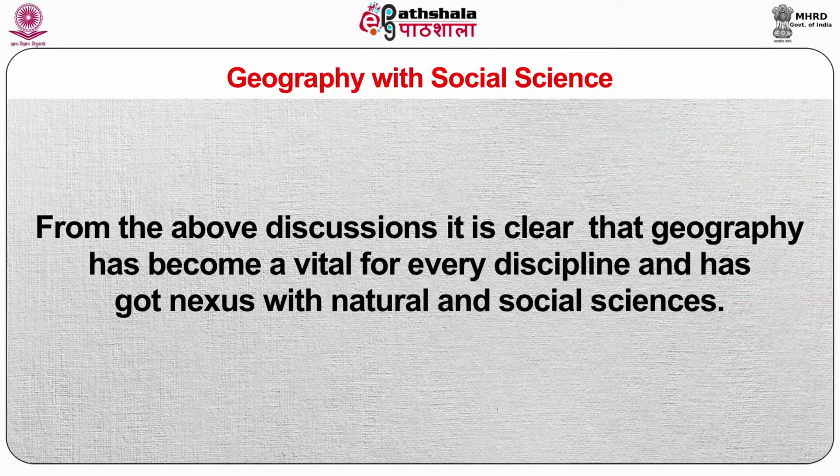As discussed, it is clear that geography has become vital for every discipline and has got nexus with natural and social sciences.